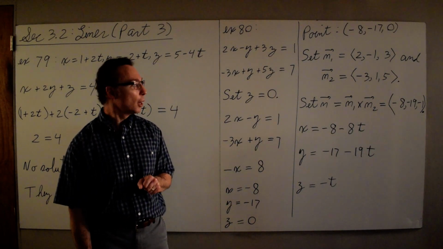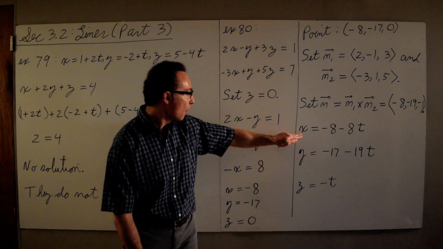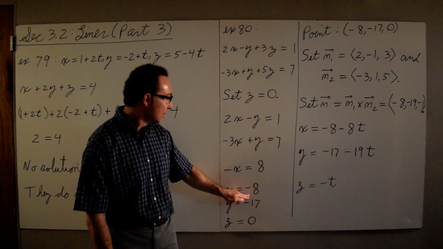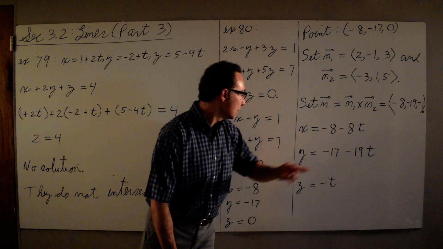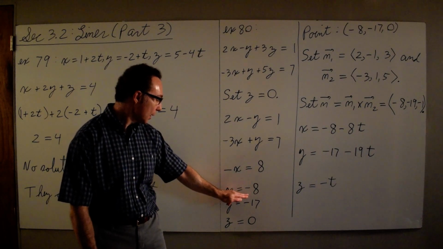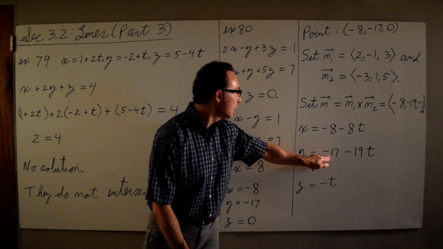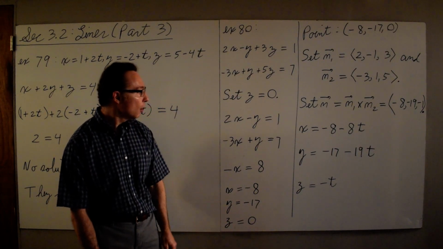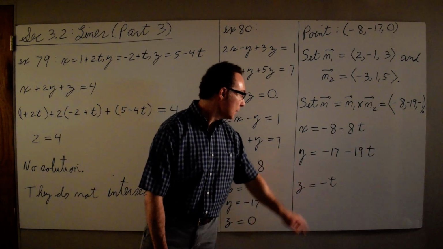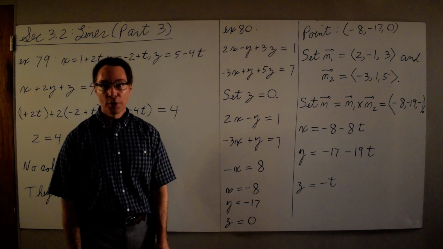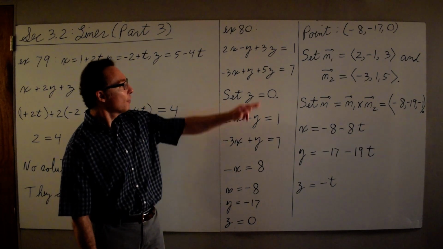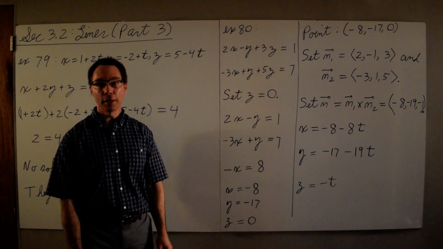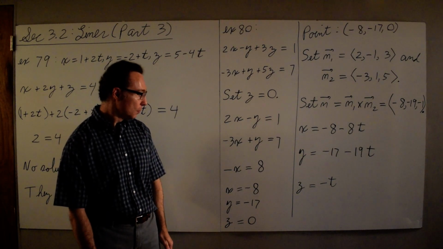So we just write the parametric equations of the line. X is negative 8 minus 8t. Y is negative 17 minus 19t, and z is 0 minus t. When t is equal to 0, we have the point negative 8, negative 17, 0.